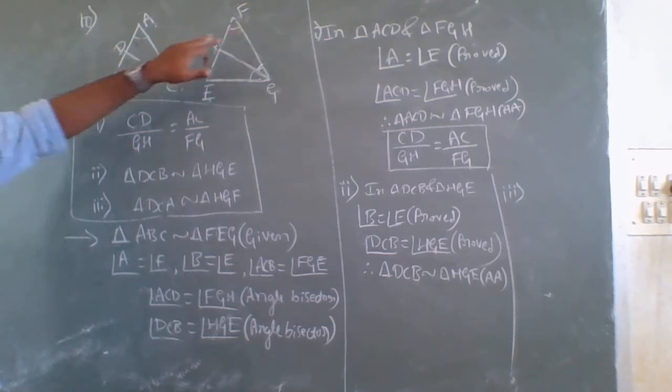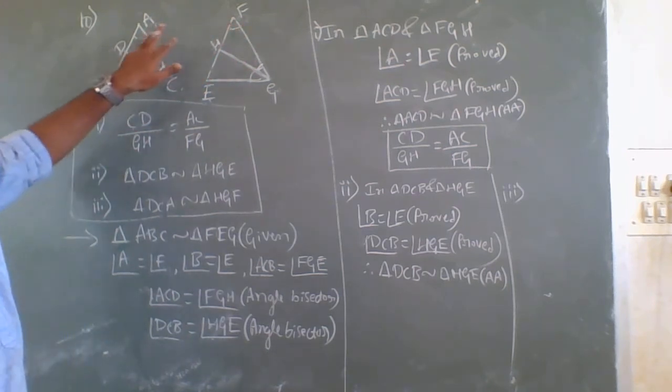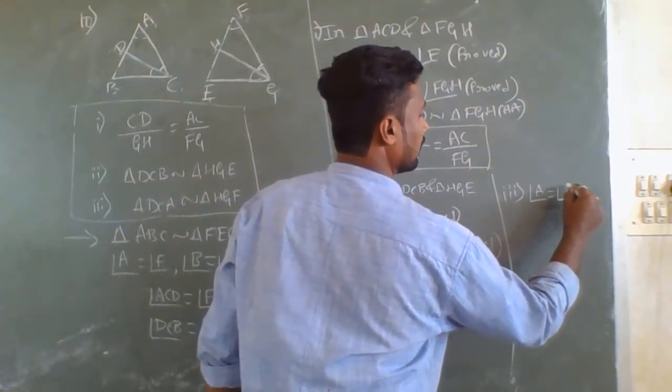Here you know angle A is equal to angle F. You know that these two are corresponding angles of similar triangles. Therefore, angle A is equal to angle F.